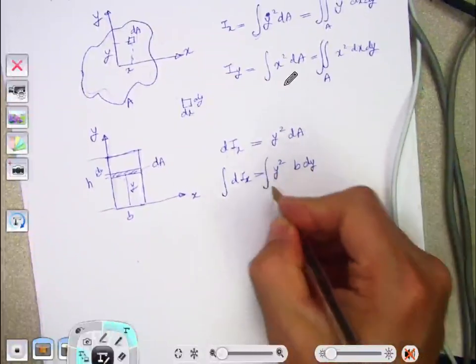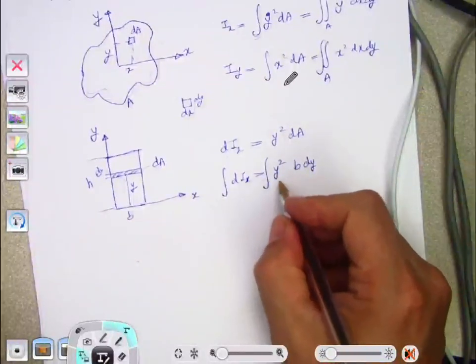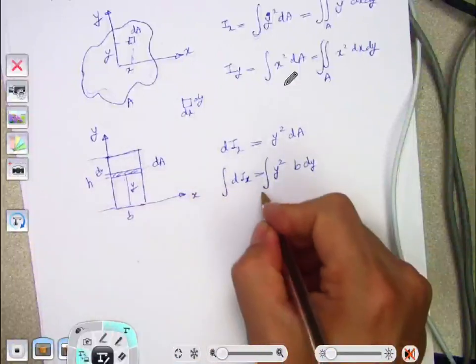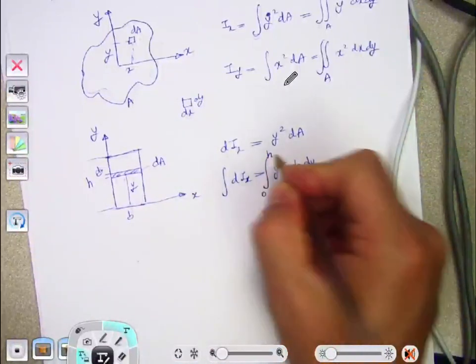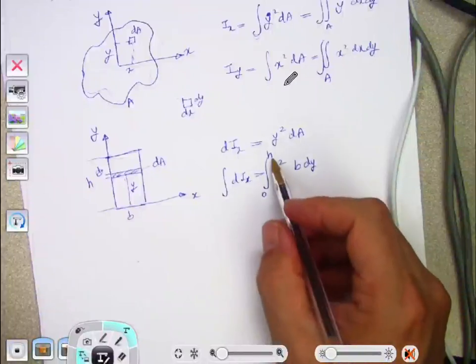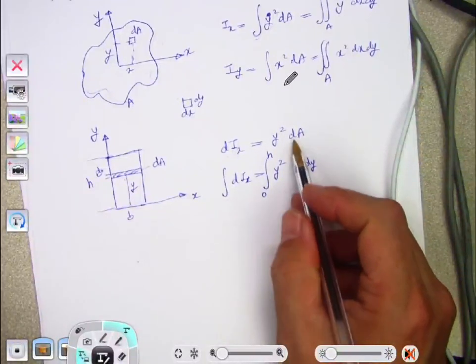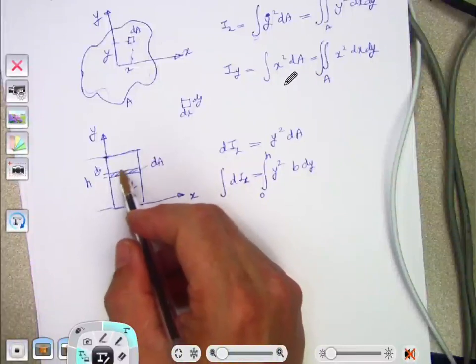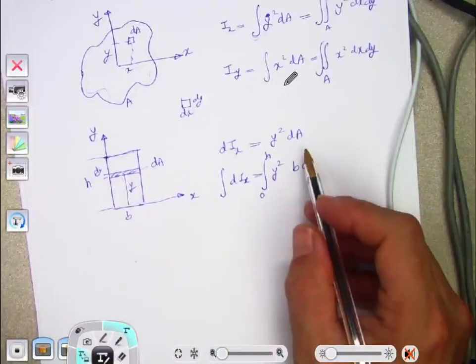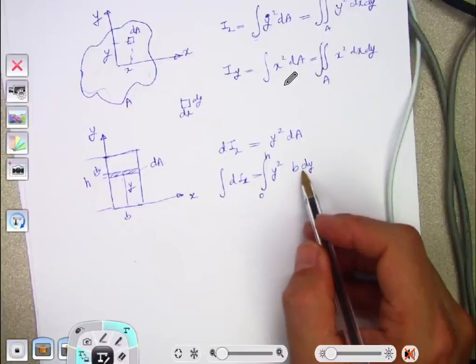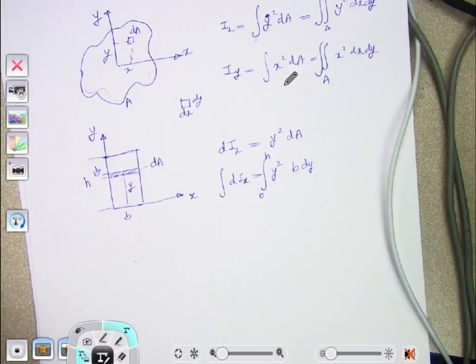How much does y vary in this rectangle? It varies from 0 to h. So you see, instead of doing dA as dx dy, by making a differential element like this, I ended up with just a single variable integral. It makes life easy, right?